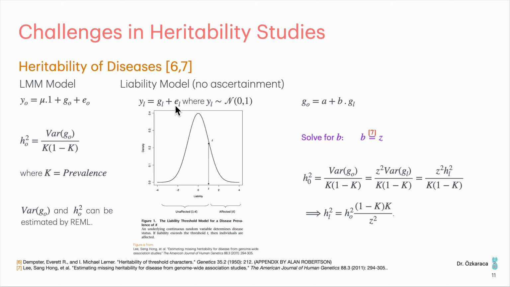Under this framework, we assume that the observed genotype values can be expressed as a linear function of genotype values under the liability model. And using this assumption, we can compute heritability under the liability model as given here.